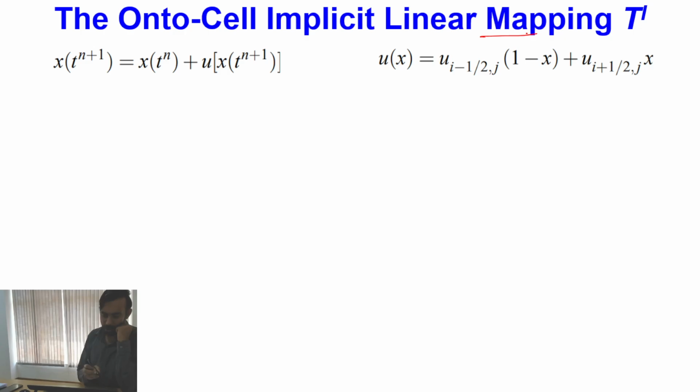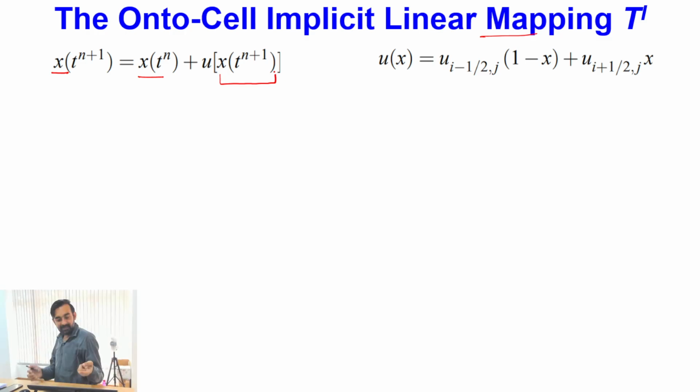So we know already that our x position at time step n plus 1 will be equal to the position at time step n plus u times t at n plus 1. In case of the explicit scheme, if you refer to the equation I discussed previously, it was x t n.